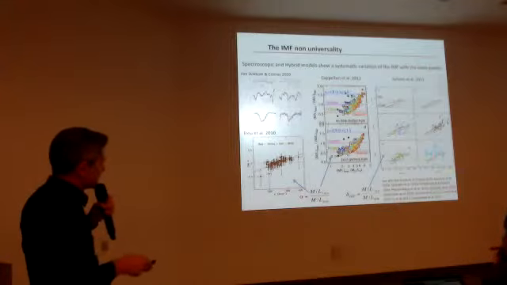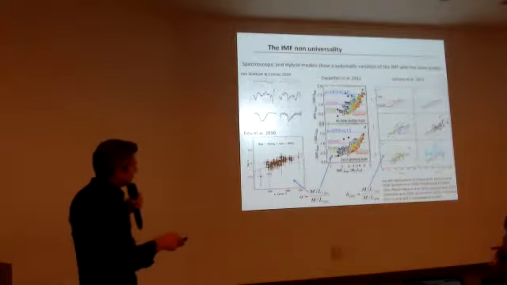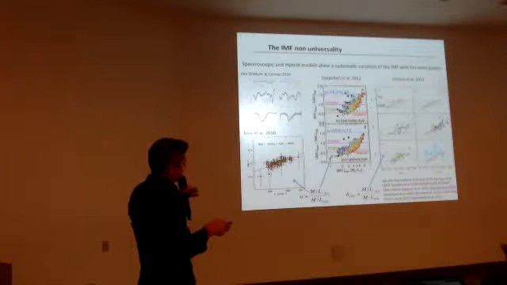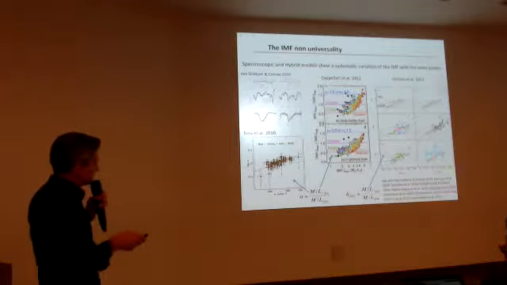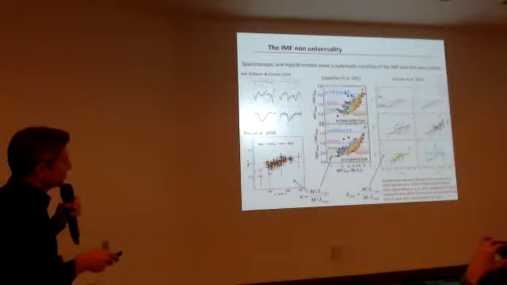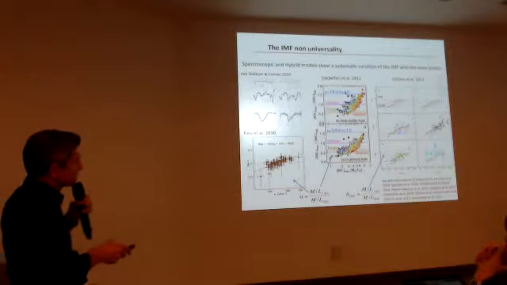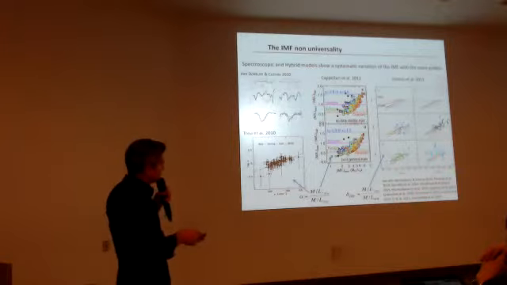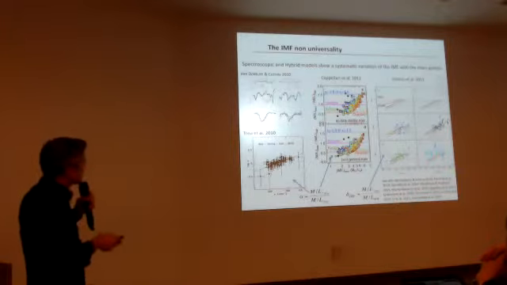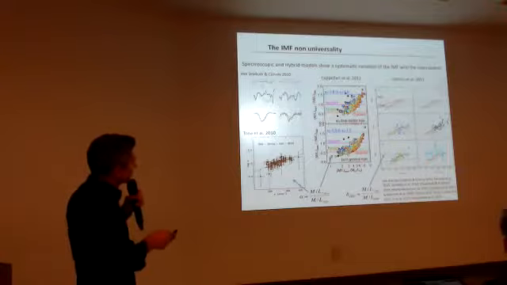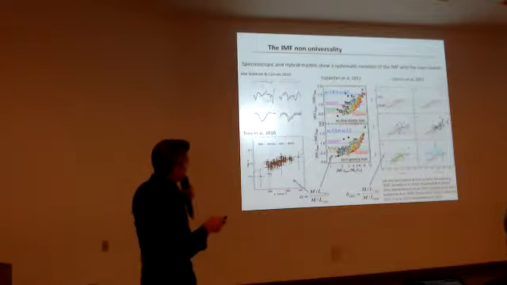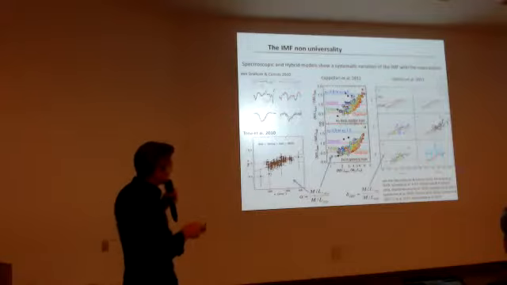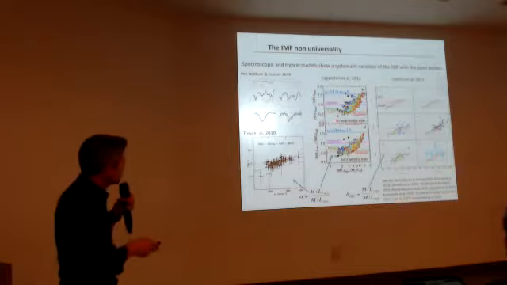IMF mismatch parameter, defined in different ways, where we see that different works and different project data all show that the IMF can change with velocity dispersion, or even the stellar mass in this case. So more massive galaxies have a heavier IMF normalization, while lower mass galaxies have a lower normalization.